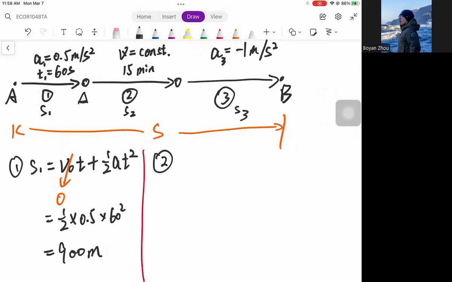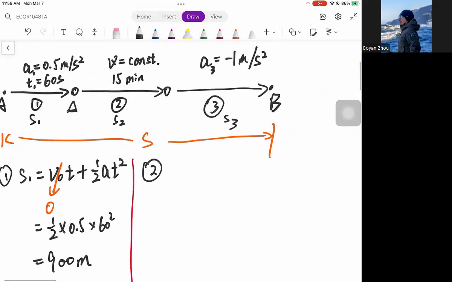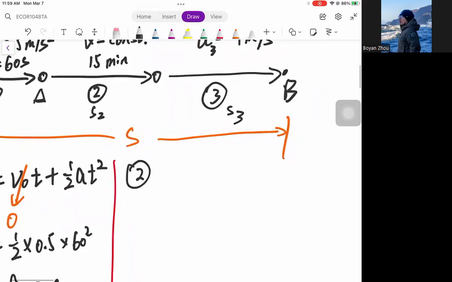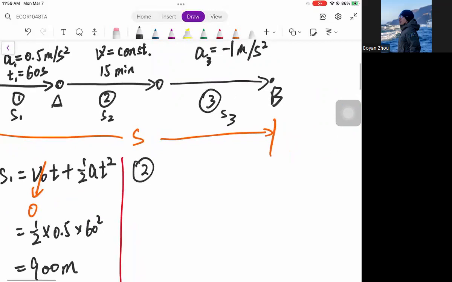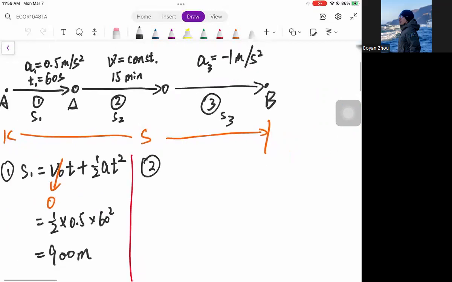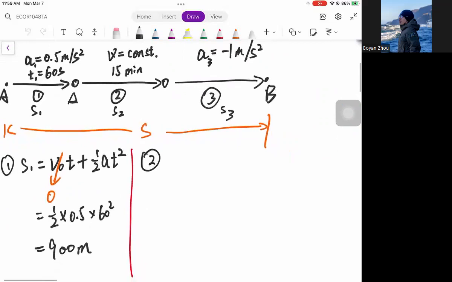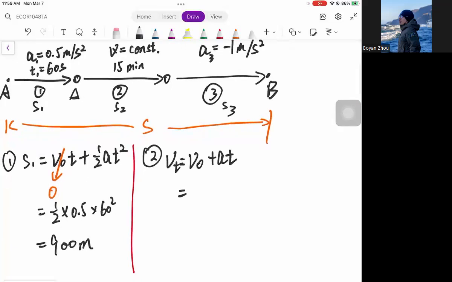So that is S1. For S2, it's just moving at a constant speed. So first we wanna find out what's the speed of the train. So we want to say the VT, the final speed of the train, is equal to the initial speed at point A plus the acceleration times the time t. So just like before, we know the initial speed is 0.